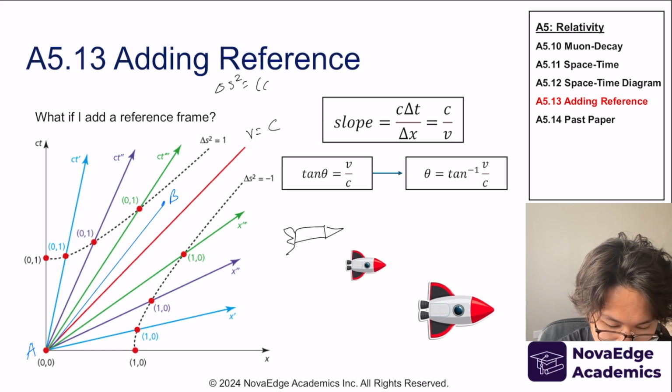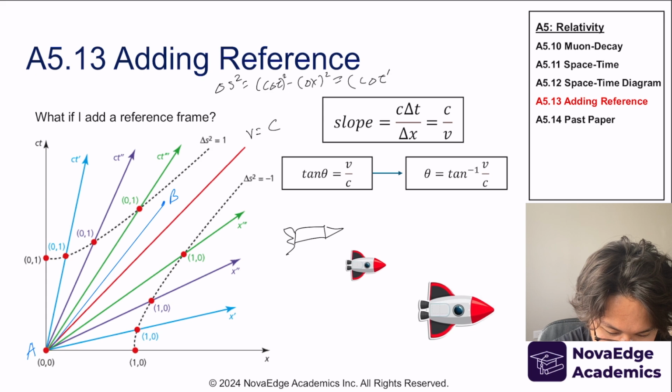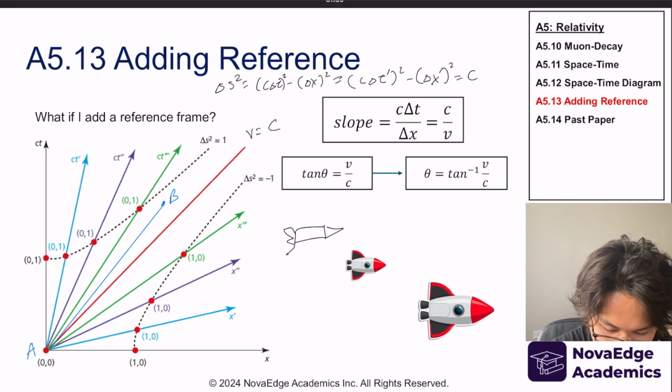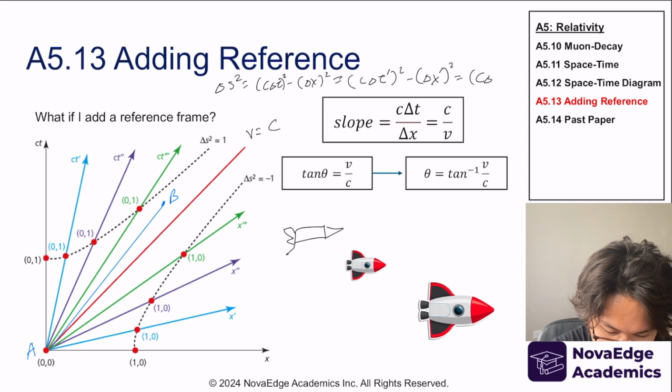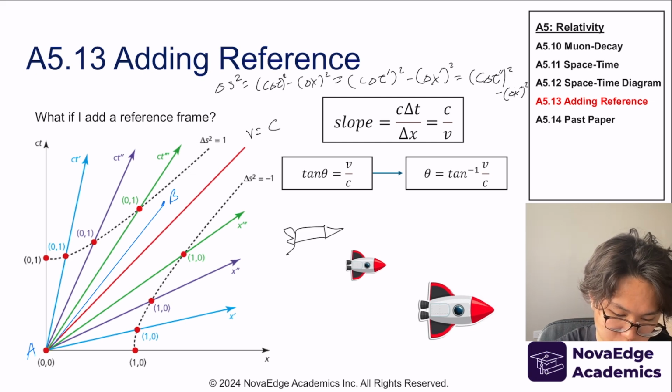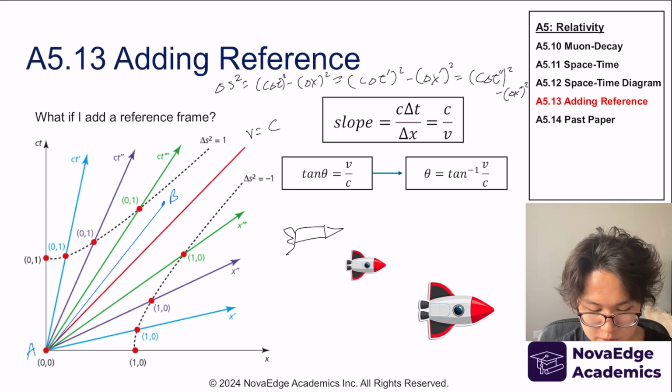So it's going to be c delta t squared minus delta x squared, which is equal to c delta t prime squared minus delta x prime squared, which is equal to c delta t double prime squared minus delta x double prime squared. So it's going to just continue with all the other reference frames as well.